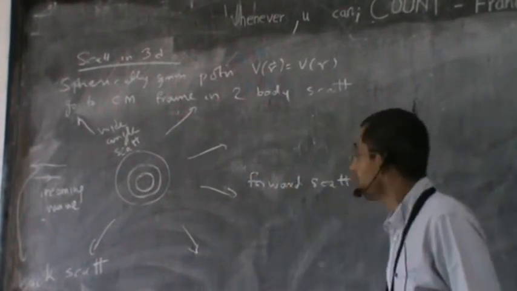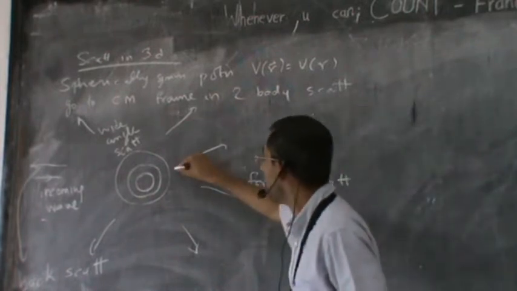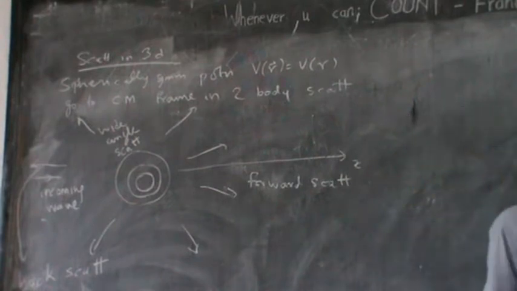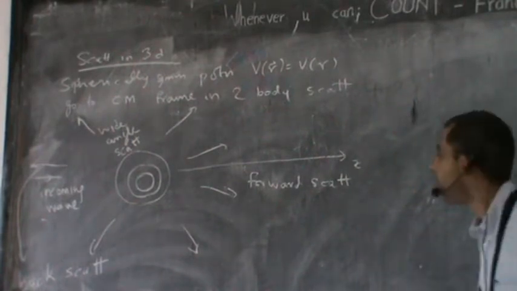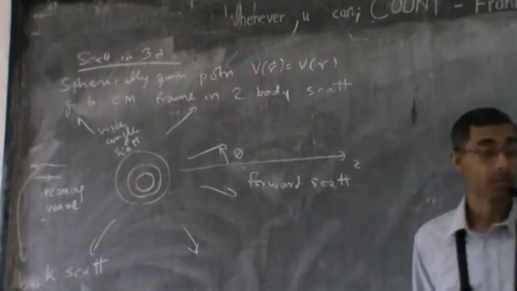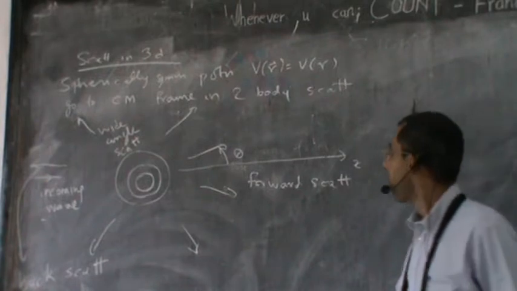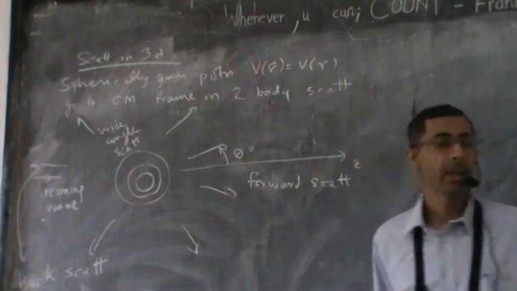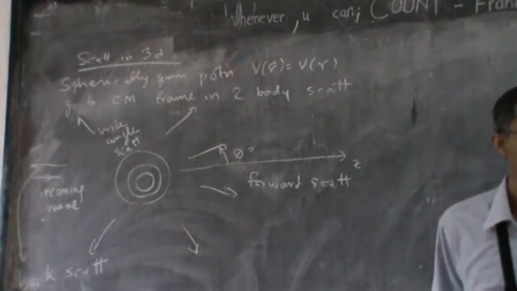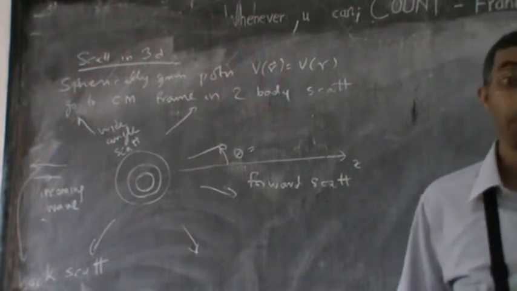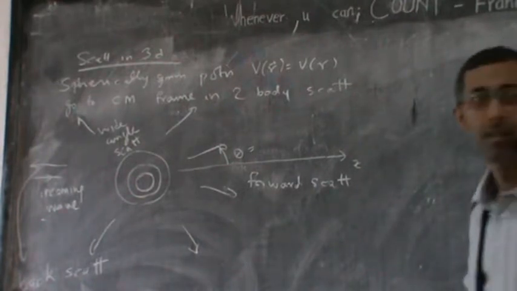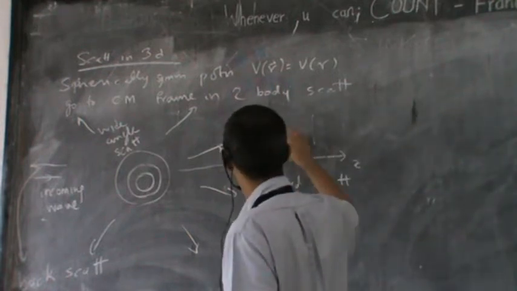And we are going to set up a coordinate system where this direction will be Z. This angle is going to be theta. Theta is called by a fancy name, it starts with P. Theta is called the polar angle.